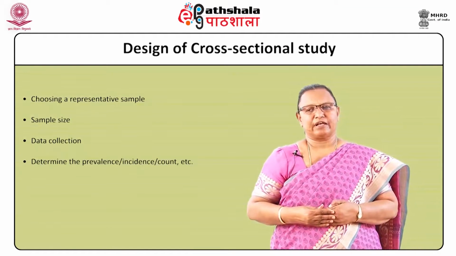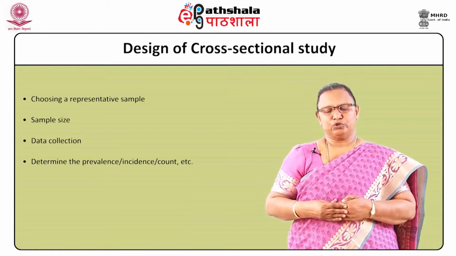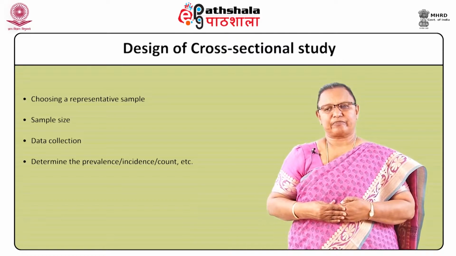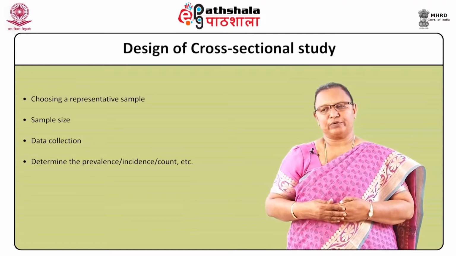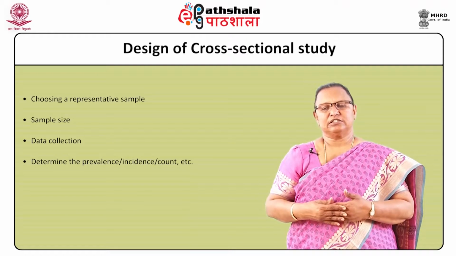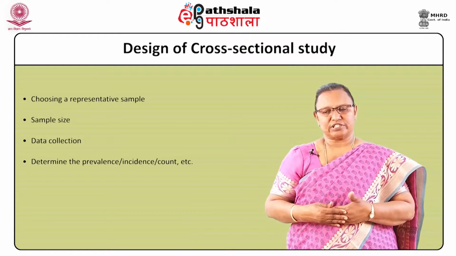The fourth thing that you should look into is how you're going to express the results of your study. You must finally determine the prevalence, the incidence, or the count of a particular disease or factor in your population.